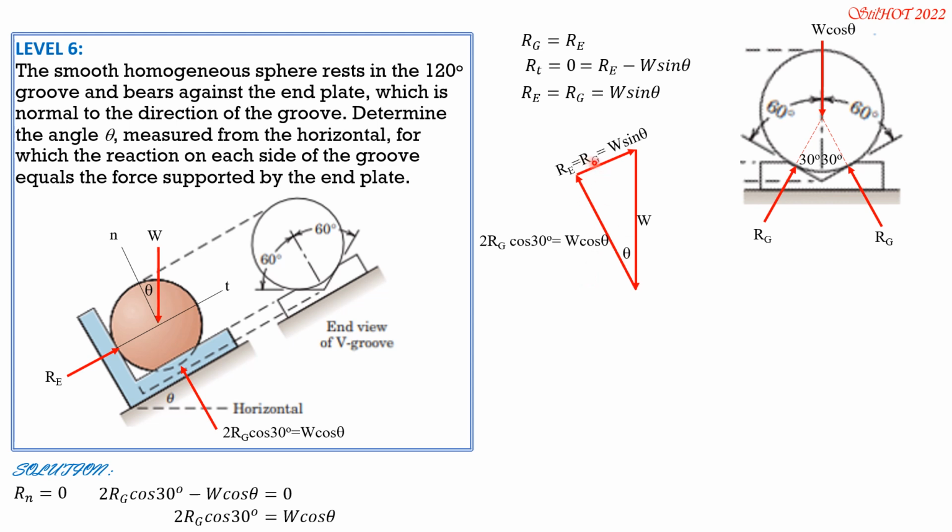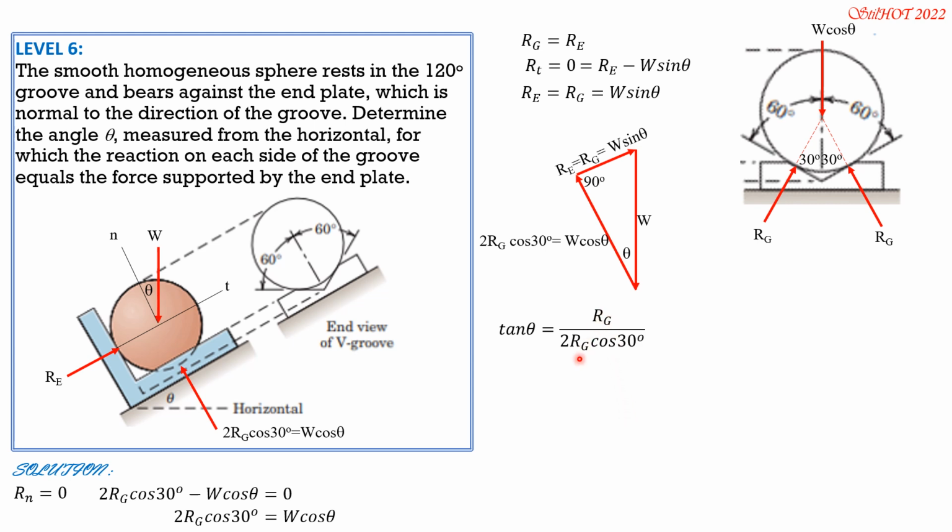Tangent theta is RG divided by 2RG cosine 30 because this angle is 90 degrees. This is perpendicular to the inclined plane and this is parallel to the plane. That's why these two forces are perpendicular. So we define in this right triangle tangent theta, which is RG divided by 2RG cosine 30.